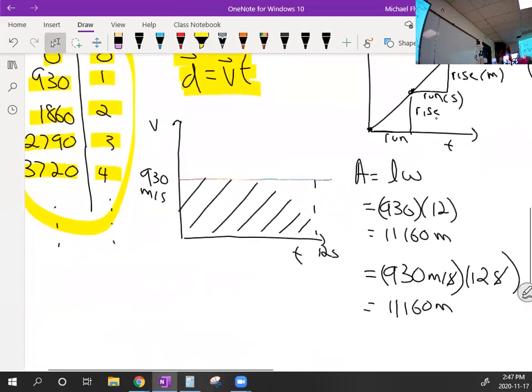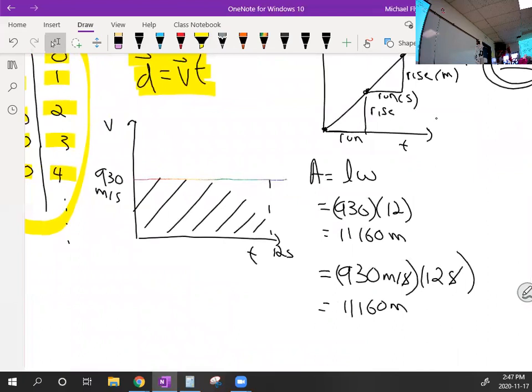In fact, I've got the velocity time graph right here. See, this plane all the time is traveling at a uniform velocity. And that means that it holds a velocity of 930 the entire time. So it's constant. Now, a constant thing that never changes looks like a horizontal line on a velocity time graph, right?